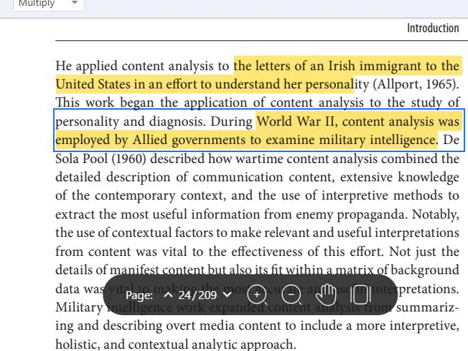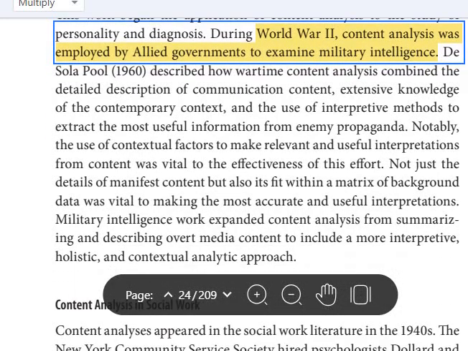Here we can say that content analysis was used in the war fields to interpret the messages of soldiers, because they wanted an authentic message that is different from what we hear. So we're talking about the implied or connotative meaning, the interpretive content analysis.